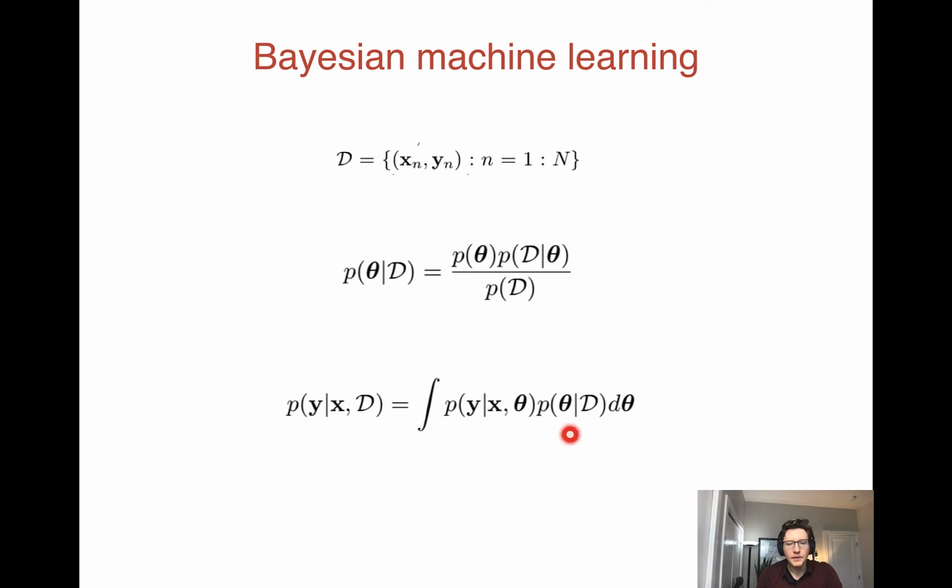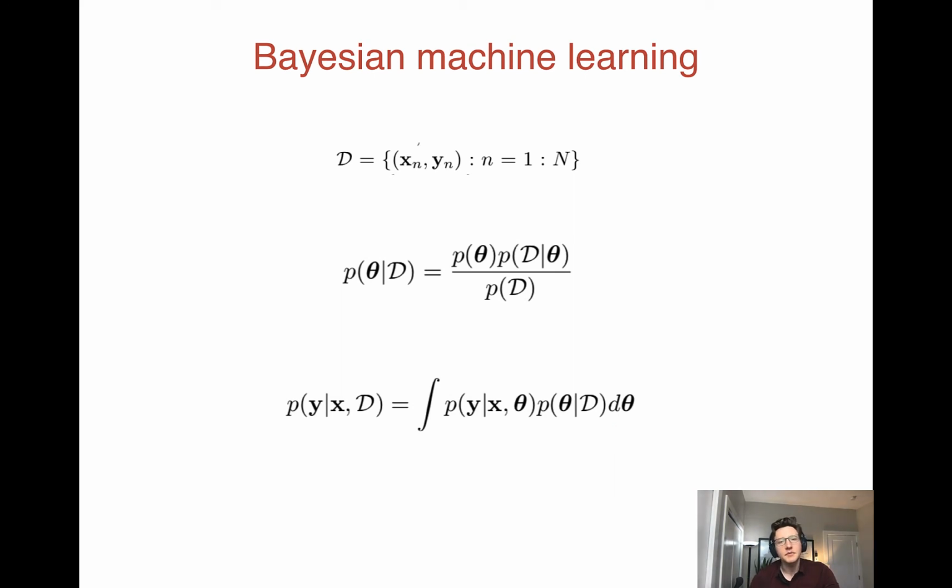One is P of theta given D from here, and the second is P of Y given X under that particular theta. Notice that I said this is easy. It's conceptually simple in that it is just this very short expression. But of course, computationally, to actually do this can be very expensive because in principle, we have to integrate over all of the possible thetas.